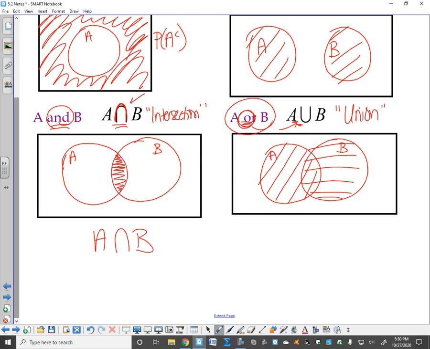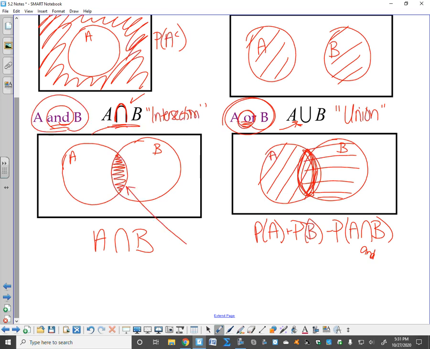And so that's why when you're finding this, you have to find the probability of A plus the probability of B minus the probability of A intersection B, which remember means and, because you have to take this sliver out because it's in there twice. And guys, that sliver is the A and B. That's the part that's not mutually exclusive, the part that overlaps.